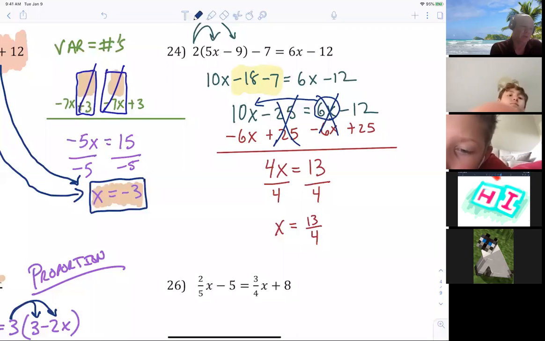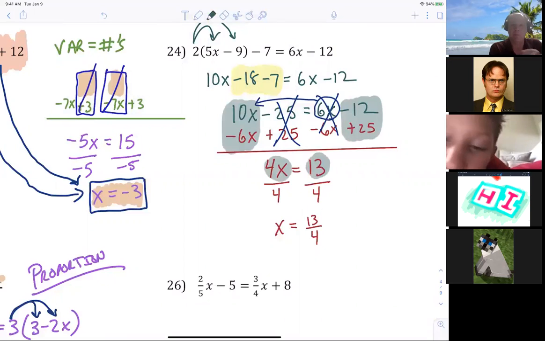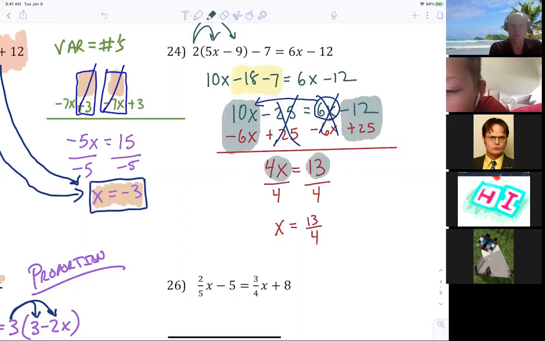No, essentially what I'm trying to teach you is that you're just combining terms. 10x minus 6x is 4x. Just like negative 12 plus 25 is 13. You're combining terms. You don't multiply or divide until the very end.